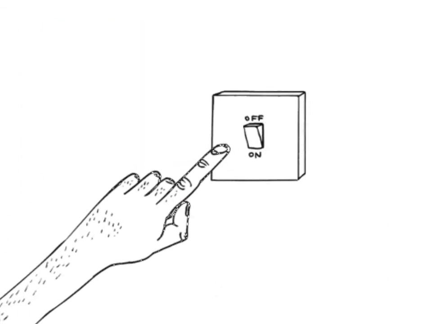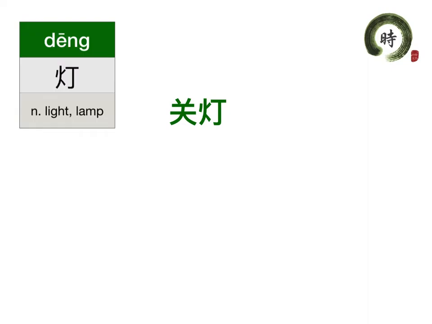And what about this one? In English, we say turn off the light. And in Mandarin, we say 关灯. 灯 here means light or lamp. So 灯 is composed of two parts. On the left, we have the radical 火字旁, because in ancient China, people used fire or candles as their lights.